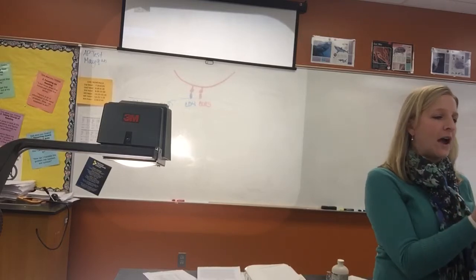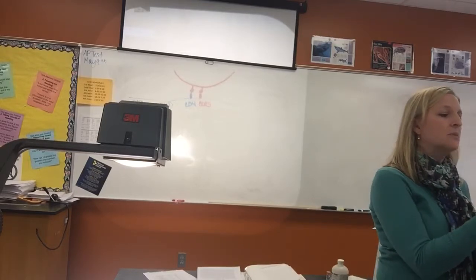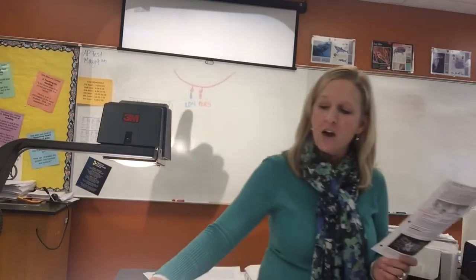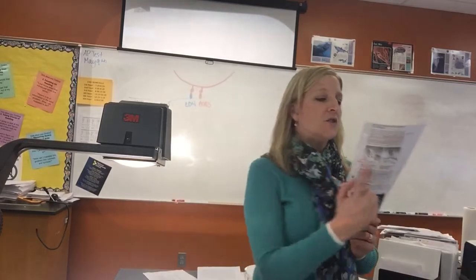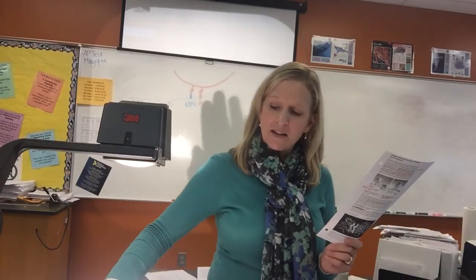So in order for the virus to actually put its genetic material into the human cell, it has to have both of these receptors. So it shows you what happens when the human cell is missing that CCR5 receptor.